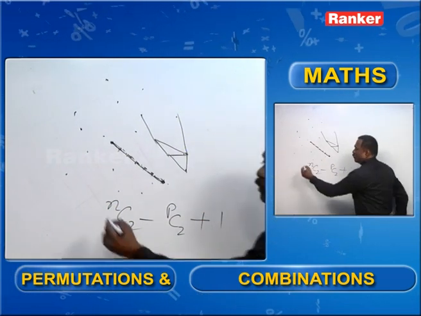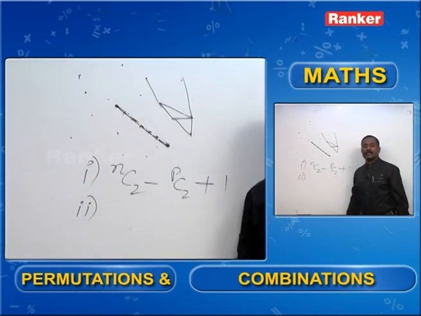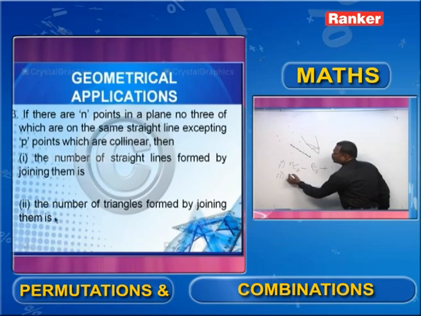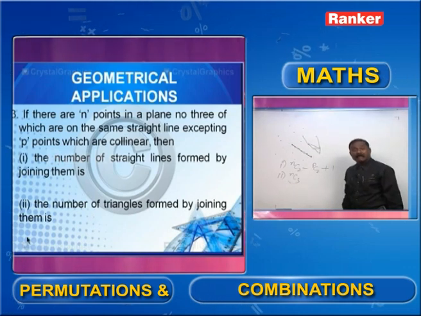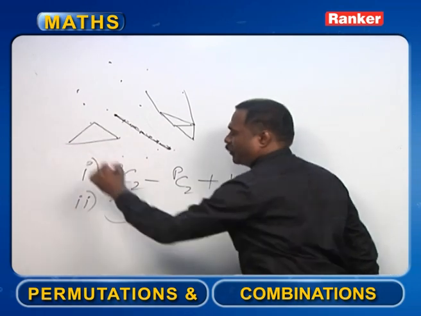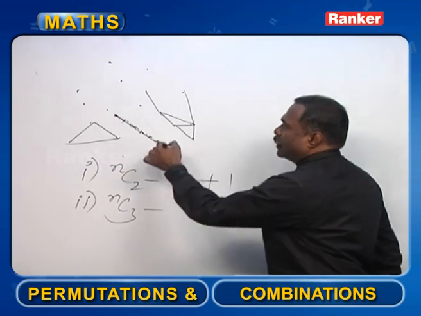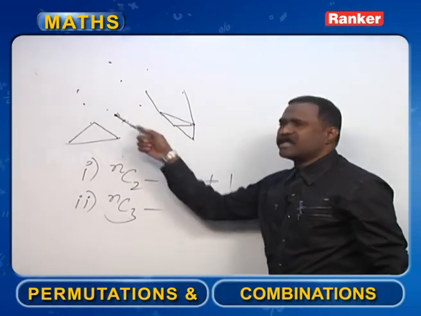Understand? So similarly, number 2, the number of triangles formed by joining them. To form a triangle NC3, you know that, because to form a triangle, how many points we need? 3 points we need. So 3 points are chosen, minus these P points will not form a triangle, but they form a straight line.